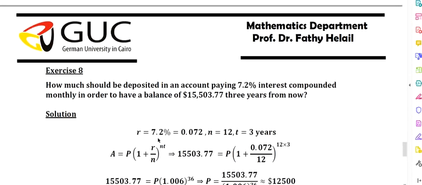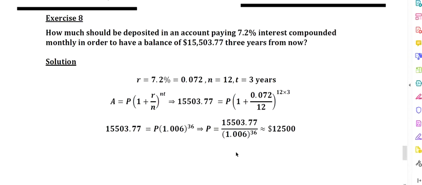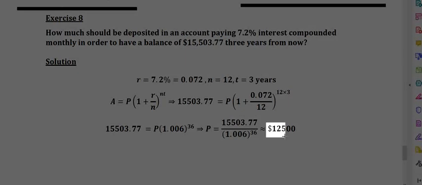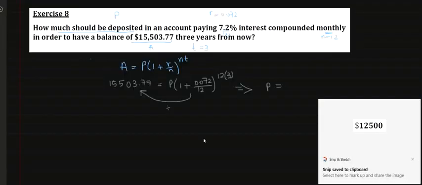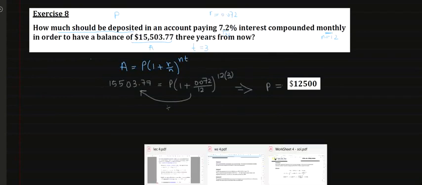And we can read the final answer here from the solution to be 12,500 in approximation. So it's approximated to that amount. Right? So good.